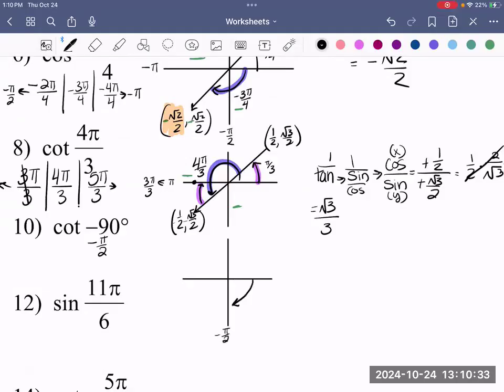This has the coordinate of 0, negative 1. And if we're asked to find your cotangent, cotangent we talked about before is your x value over your y value. So cotangent of 0 over negative 1, well, this is just 0.